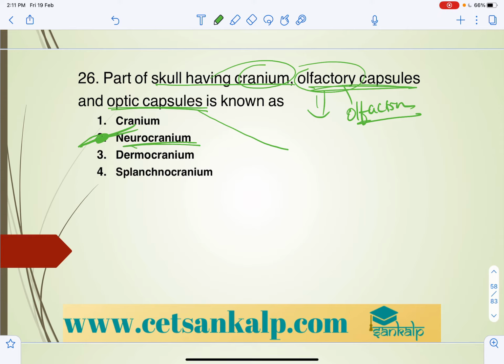So they are attached with the central nervous system, hence they are called neurocranium.